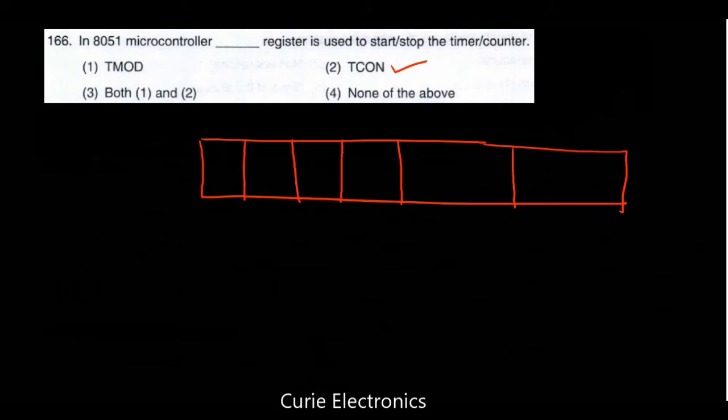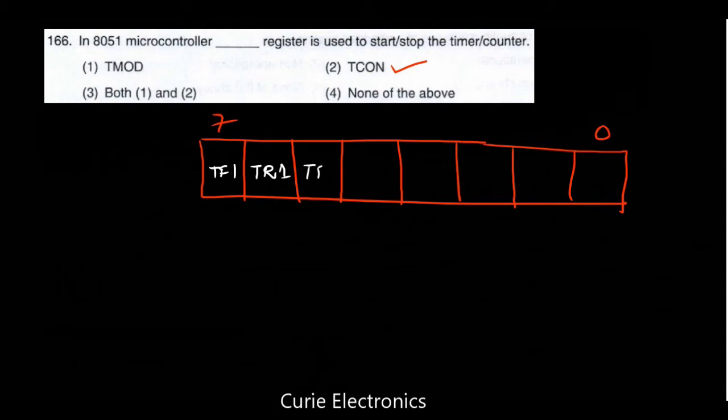Let's see what the bits are. This is the MSB and this is the LSB. So what are there? Timer 1 overflow indicator, then TR1, timer run 1, which is the start for timer 1.